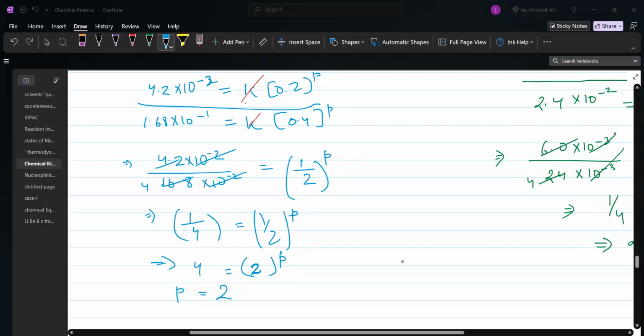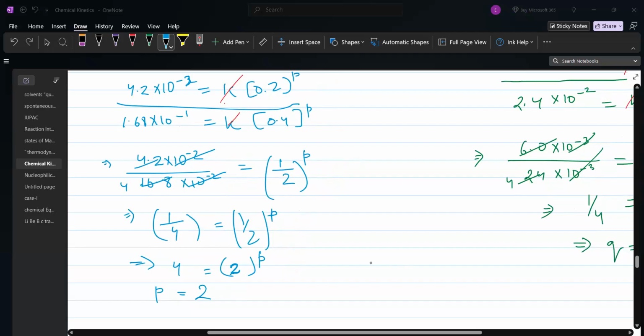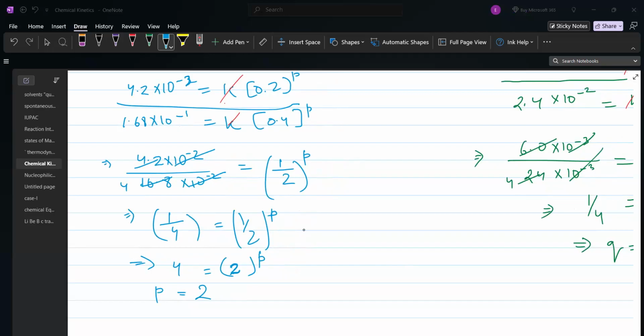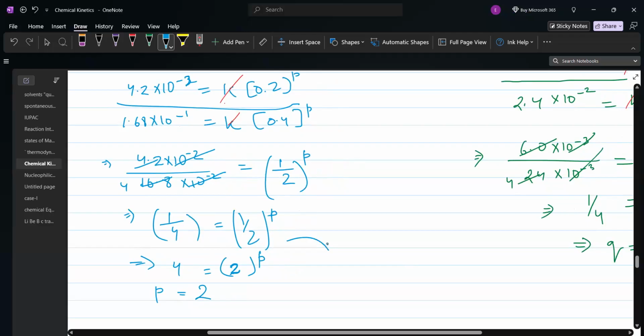Finally, I have taken the reciprocal to make it easy for you, but even without it, if you take 1 by 2 and square it, it becomes 1 square upon 2 square, so it will become 1 by 4. So it means that p is 2, right?